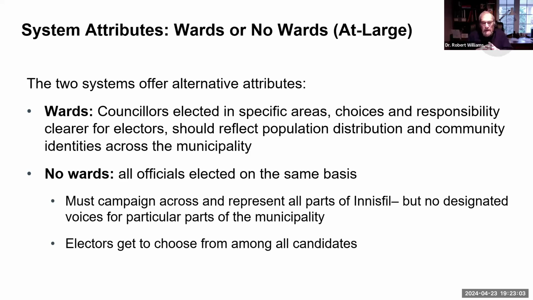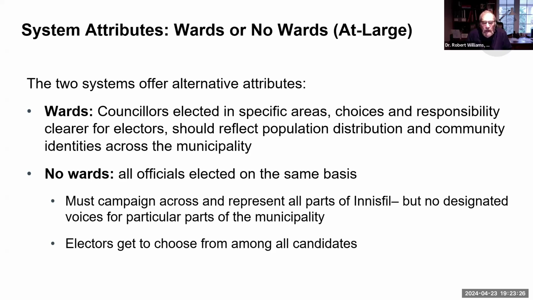And as we saw in that list in Simcoe County, in some places there are wards, and they are a system in which the councilors are elected in specific geographic areas, much the same as members of parliament or members of the provincial parliament are elected in specific areas. Constituencies at that level, wards at the local level.